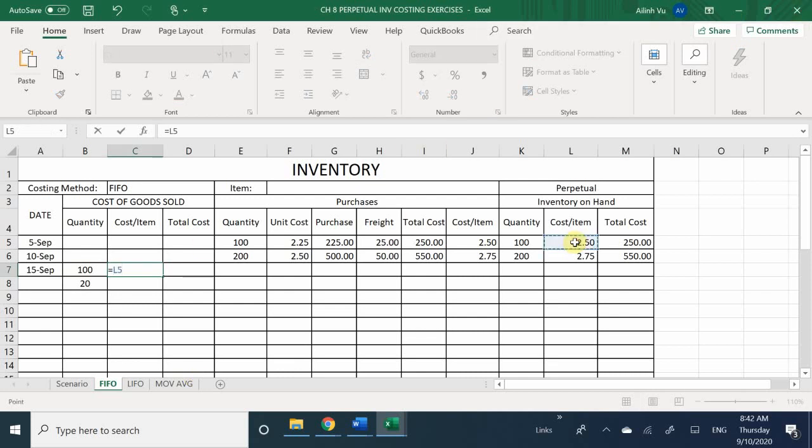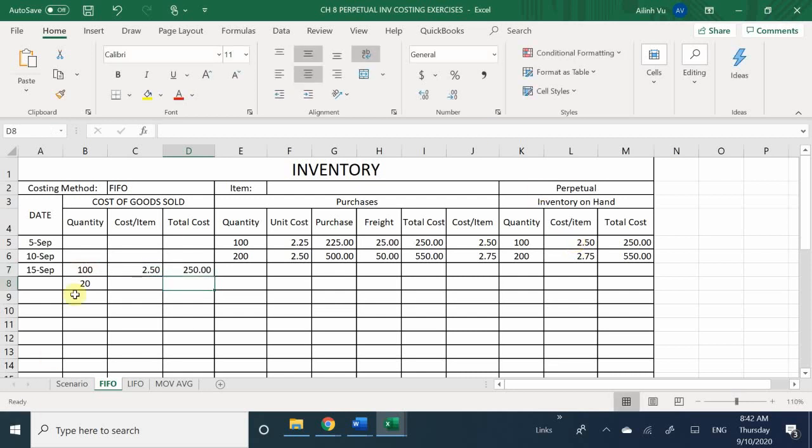Here we're taking this. Again, you don't need to calculate that, but I'm just going to do it for show. 250, and then now we need to calculate the other part. So which batch are we taking from?